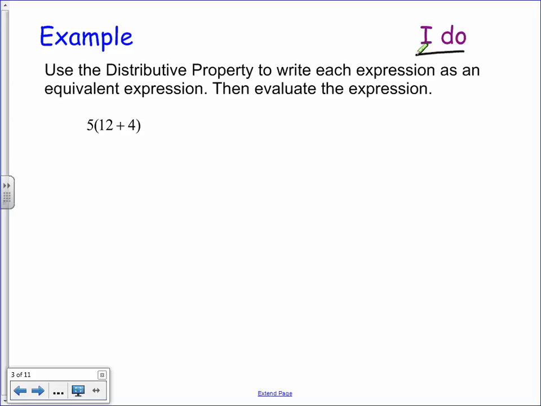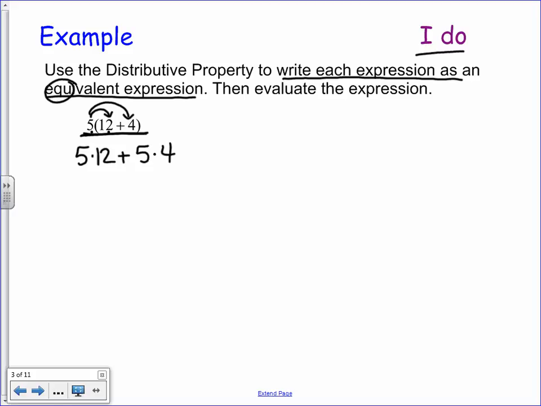Okay, so this one I'm going to do, and I'm going to distribute this 5 to everything on the inside. And the directions ask us to, first of all, write each expression as an equivalent expression. Remember that equivalent means equal, the same, right? So this right here is saying 5 times 12 plus 5 times 4.